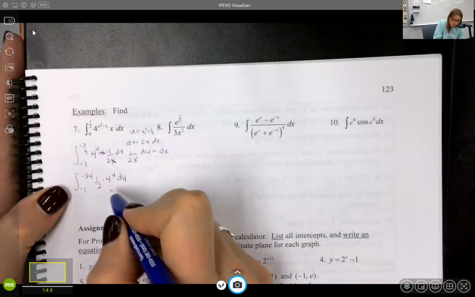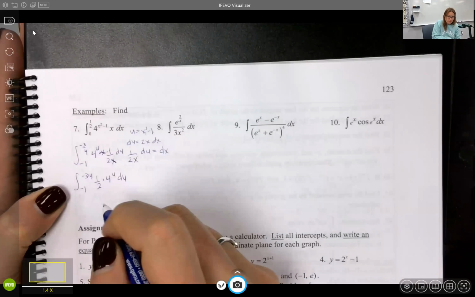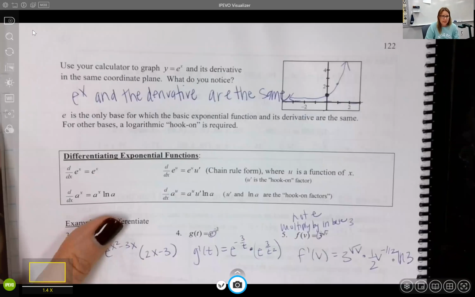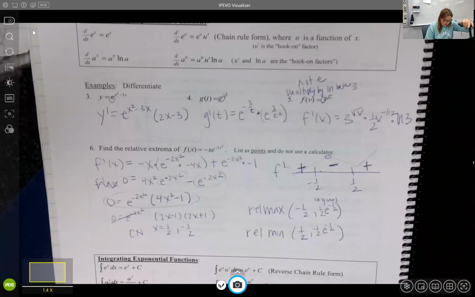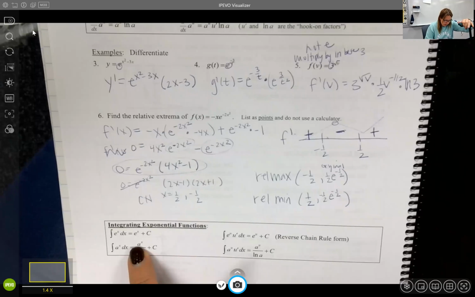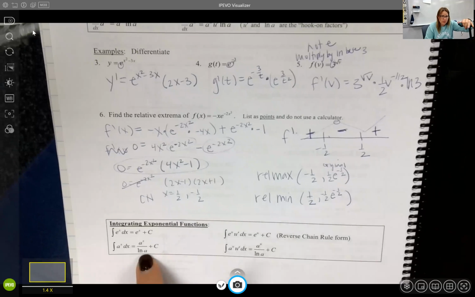So the integral of 4 to the u, look over here at your integral rules, okay? I'm looking at this one right here at the bottom. This is 4, so it's going to be 4 to the u divided by the natural log of a, which is 4.